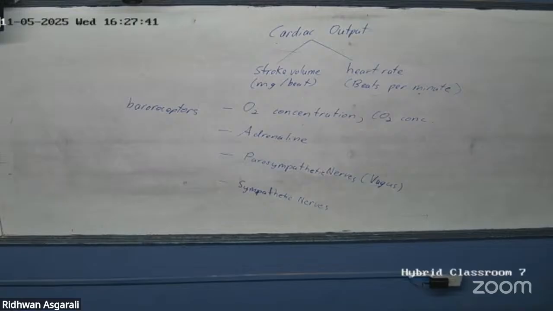Now, what are some factors that would affect blood pressure? Again, cardiac output and blood pressure are two different things. There are four main ones we need to know for the syllabus. Diet is a big one. Exercise would affect blood pressure.